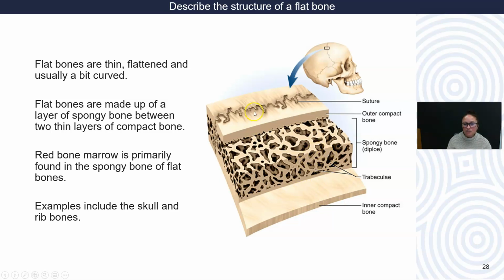Now what can sometimes happen is if someone hits you hard enough, you can break this compact bone and crush this, but that could actually be okay, so there's multiple layers here, all right? Red bone marrow is usually found in spongy bone. So we have red bone marrow and yellow, and red is usually in the spongy part, the spongy bone.